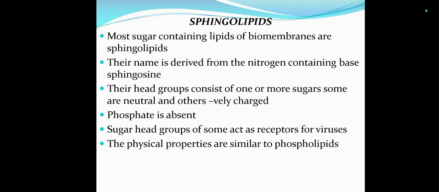Also, they provide receptor sites for the attachment of antigens to the cell membranes. Sphingolipids are also present in the cell membrane. These are complex lipids, and they are also important in the cell signaling pathway.